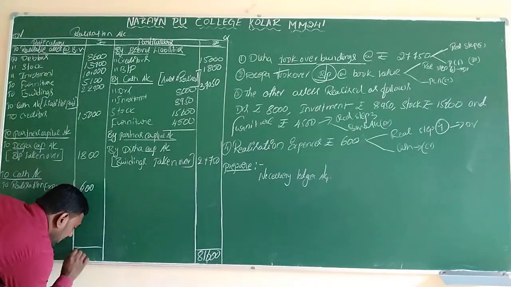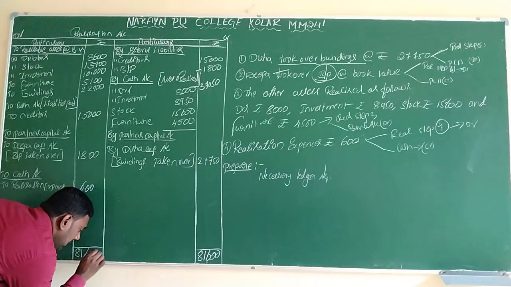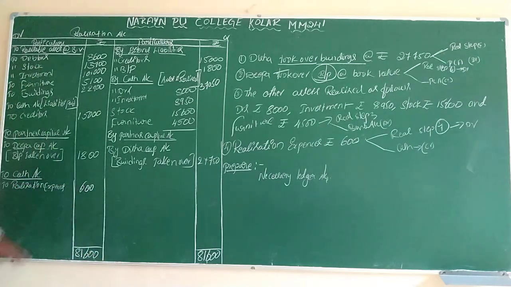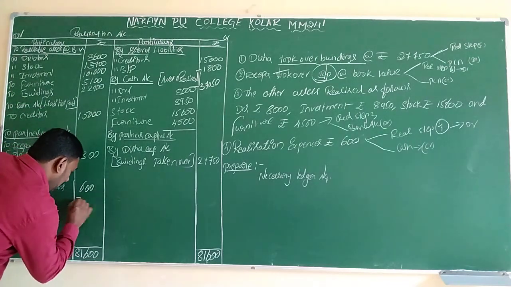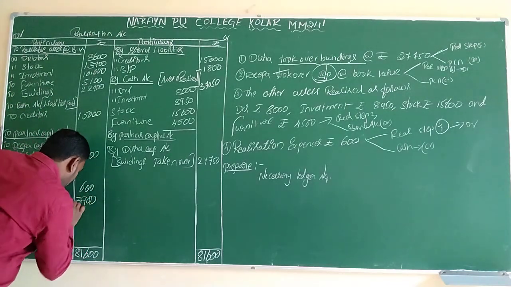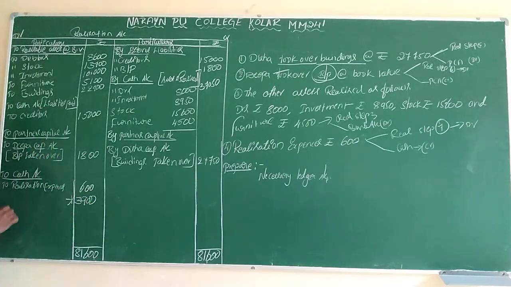Same value transferred here also, 81,600. 81,600 minus all the values, we will get 3,900. We give a star number for it and we will write to partners capital account. In bracket we have to write profit.